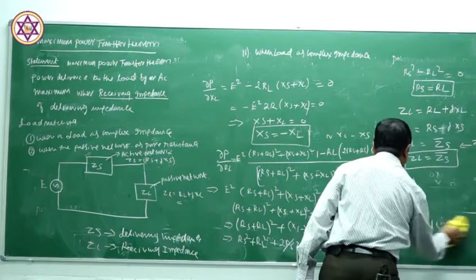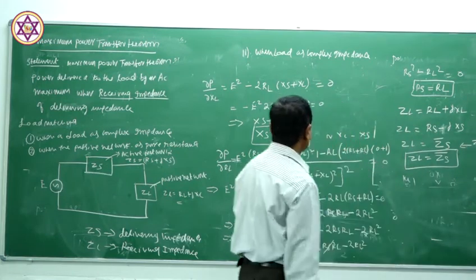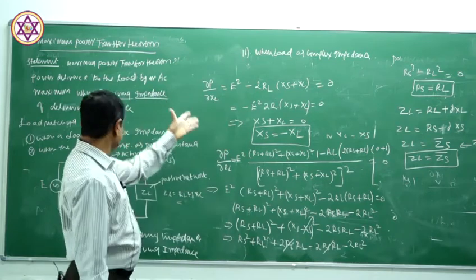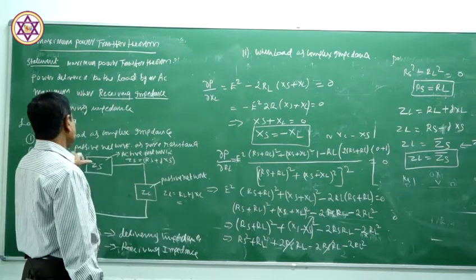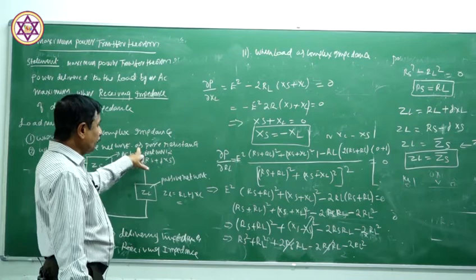So let us see what happens when the passive network has pure resistance.